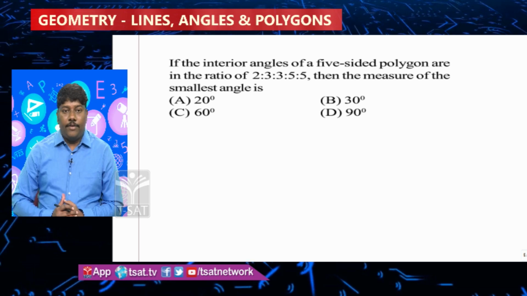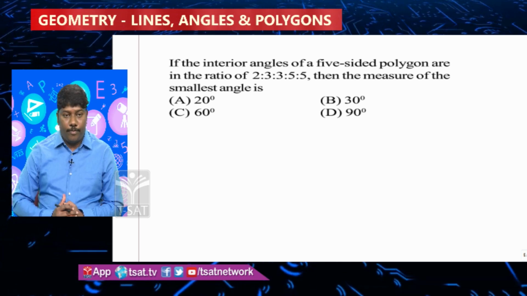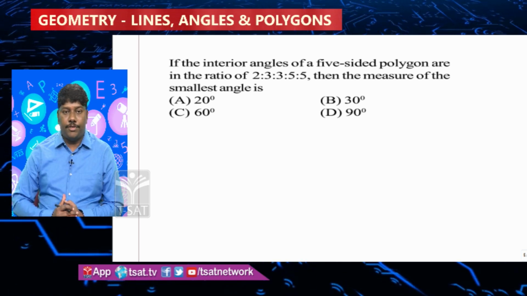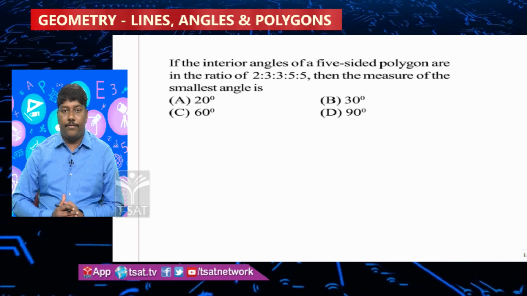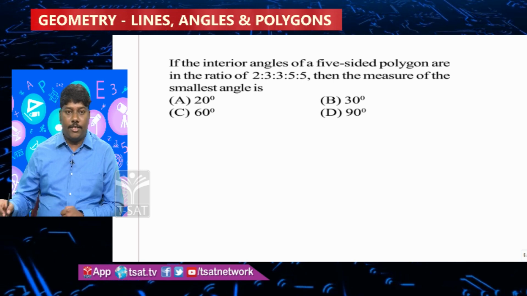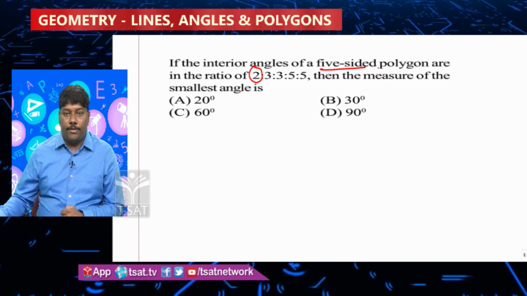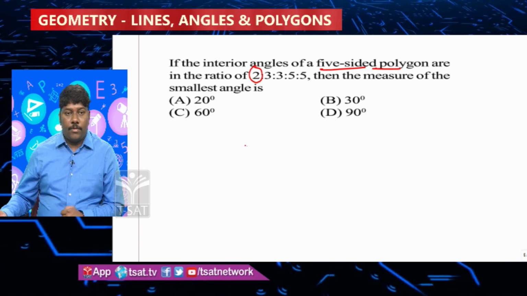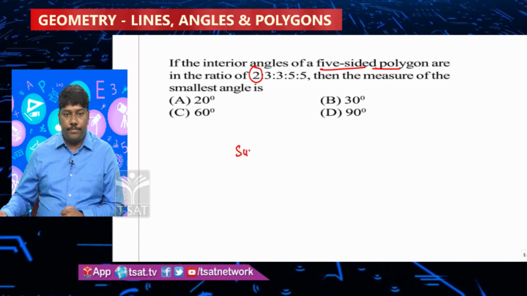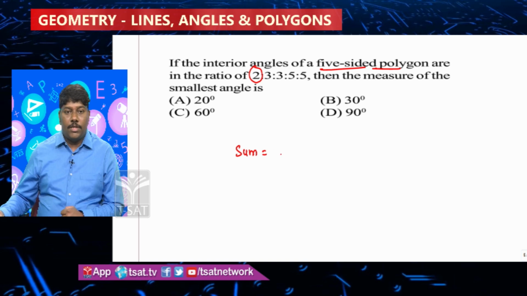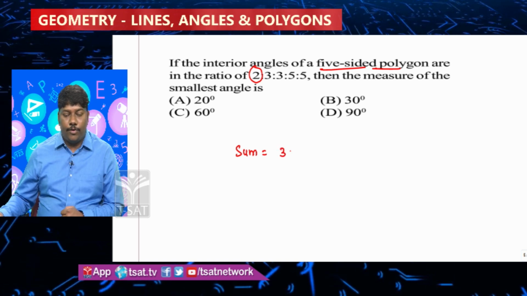If the interior angles of a 5-sided polygon are in the ratio 2:3:3:5:5, then the measure of the smallest angle is. For a 5-sided polygon, the sum is equal to, as we know, 3 into 180.